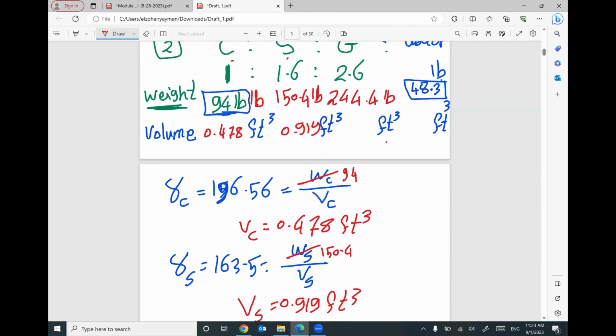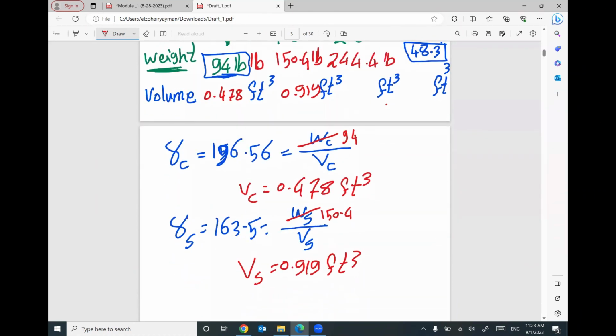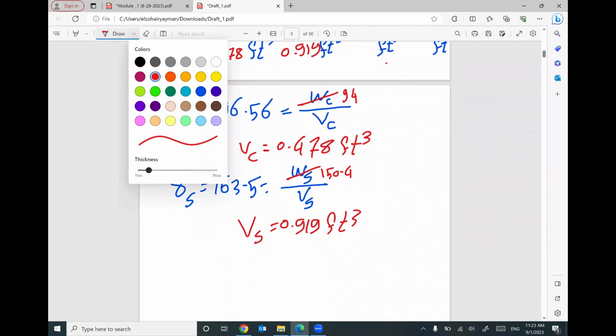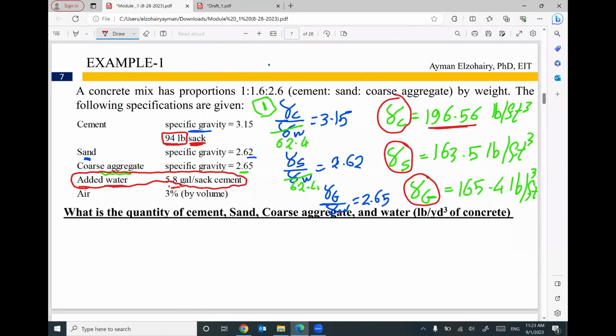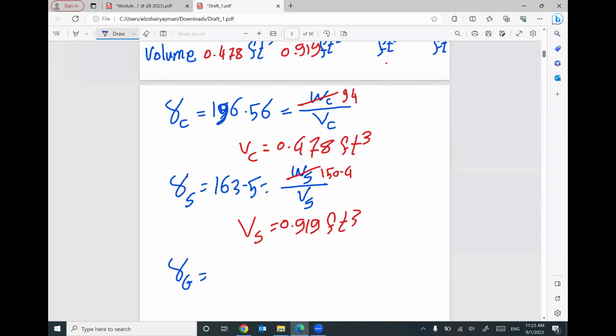Can you tell me the weight of gravel, 244.4 pounds, how much volume? Yes, I can. Gamma for gravel, I figured this out, 165.4, equals weight of gravel divided by volume of gravel.